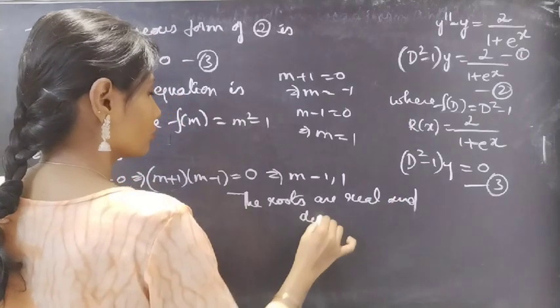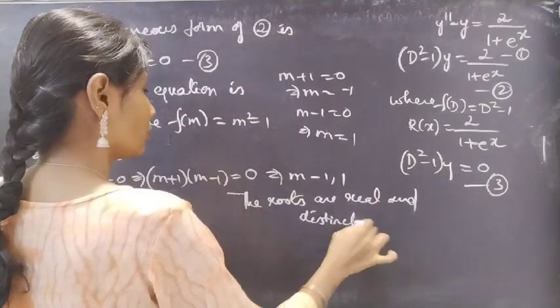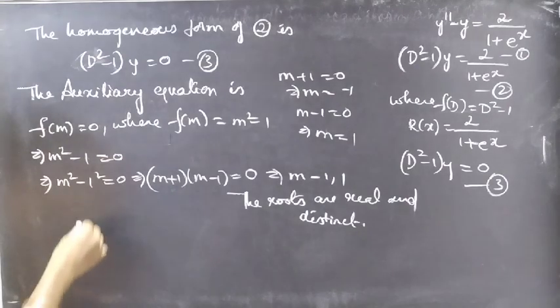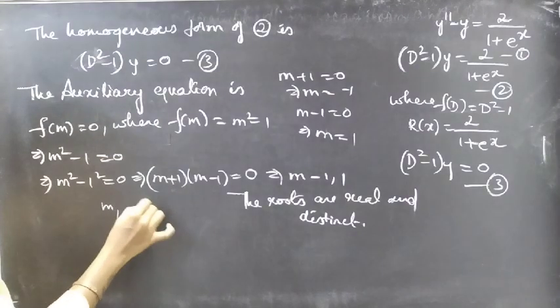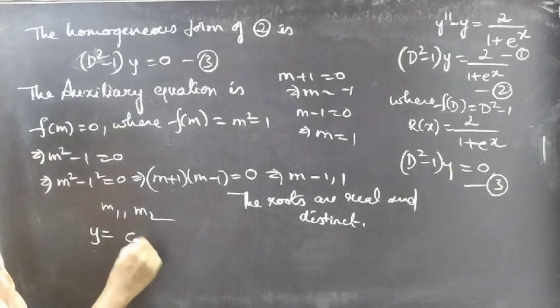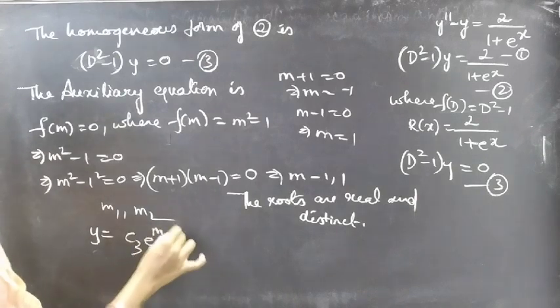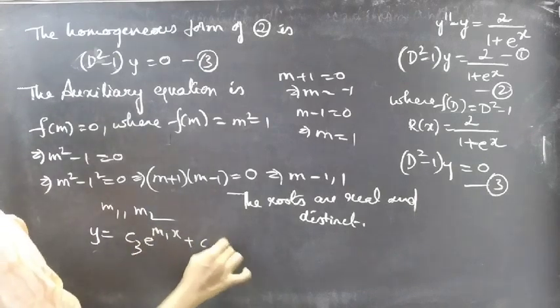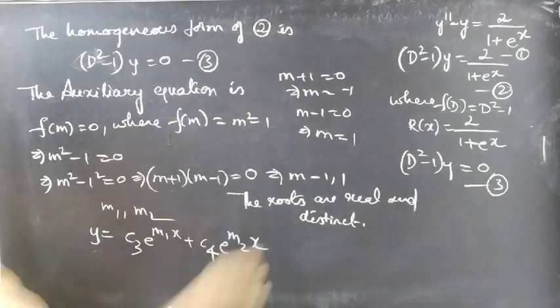We know that when two roots, say m1 and m2, are real and distinct, then the solution of the homogeneous equation looks like one constant into e power 1 root into x plus another constant into e power another root into x.